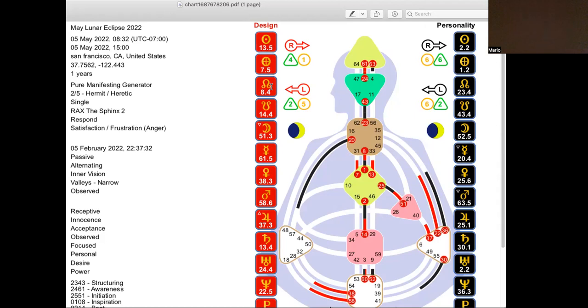Then these two horseshoe shapes are what we call the nodes of the moon. This is the north and this is the south. These relate to one's destiny in this lifetime and also the environments that we attract in this lifetime, the environments we live in. And that we can get into detail in readings and solar return readings. The sickle shape here is the moon.